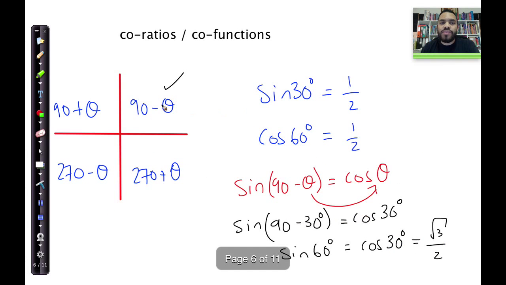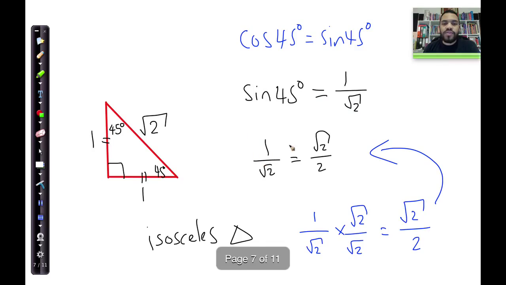And then similarly, we introduced you to co-functions or co-ratios that add up, that use this identity, sine of 90 minus theta, cos of 90 minus theta, and how we just plug it in on that side to get that over there. Okay, and this is how it looks. And that's the last one over there, where we have special angles using this triangle with sides 1, 1, and root 2, with the angles being 45 and 45 degrees.